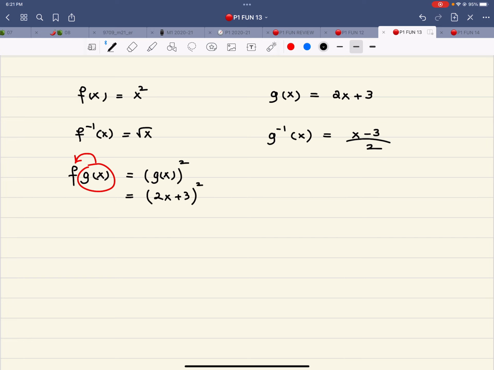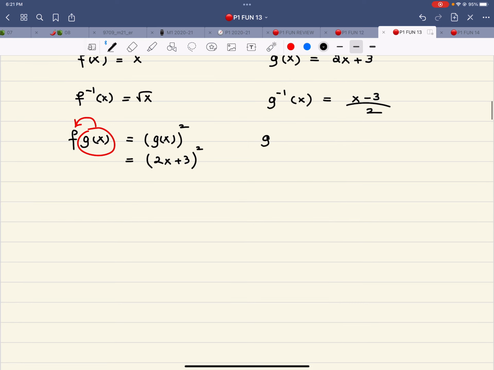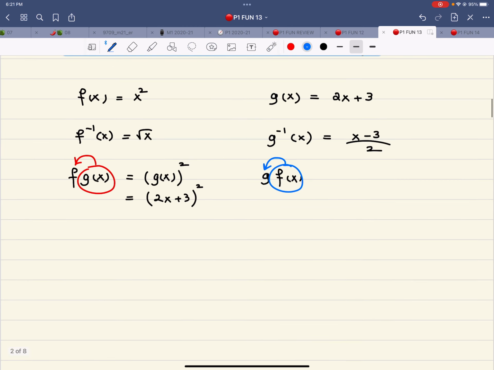Similarly, I can evaluate g of f(x). What does it mean? f(x) inside g. f(x) is x squared, g(x) is 2x plus 3. That would be 2 times f(x) plus 3, that would be 2 times x squared plus 3.